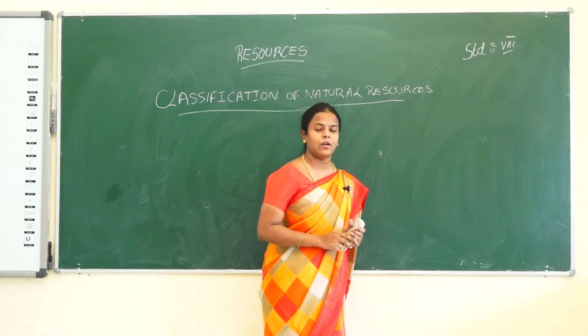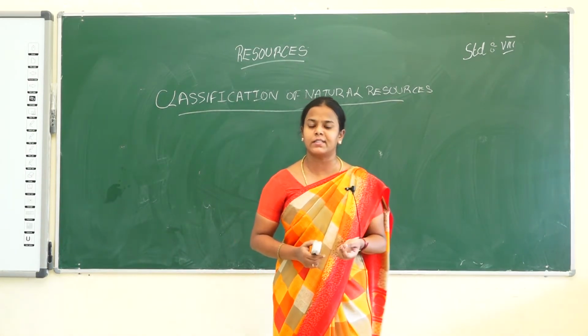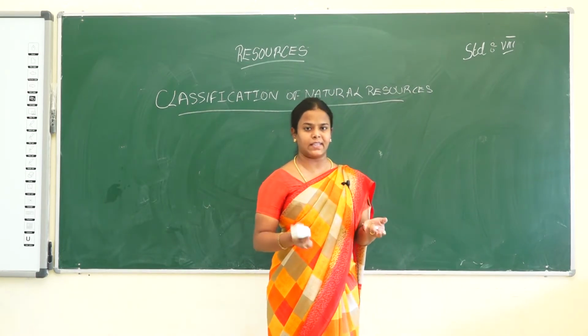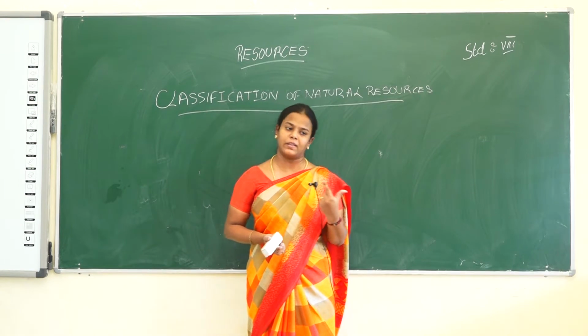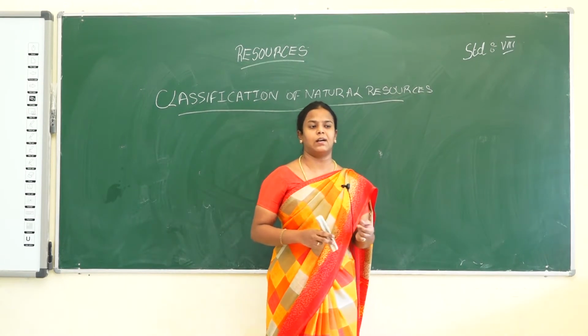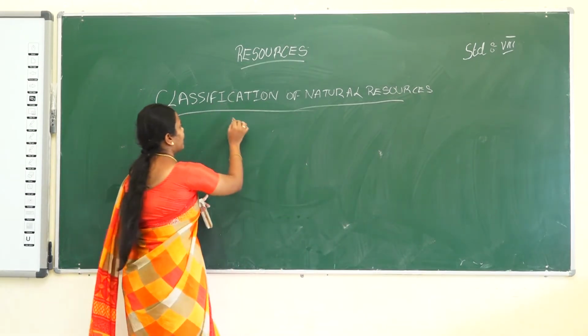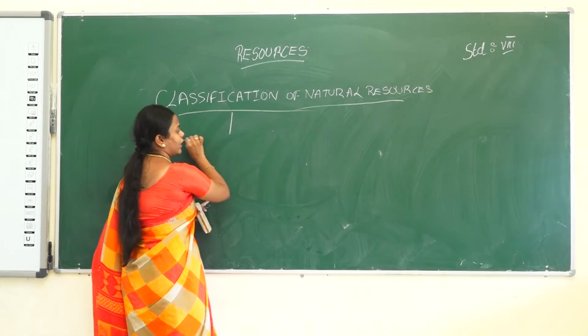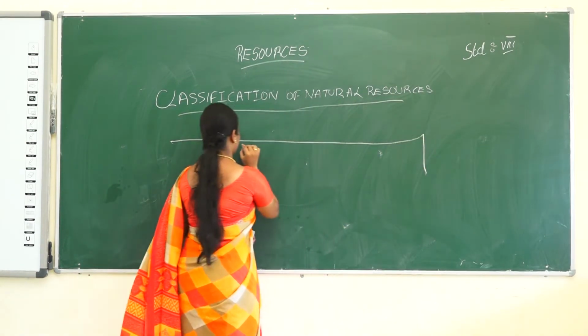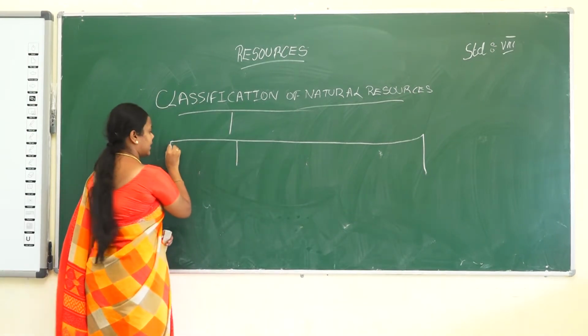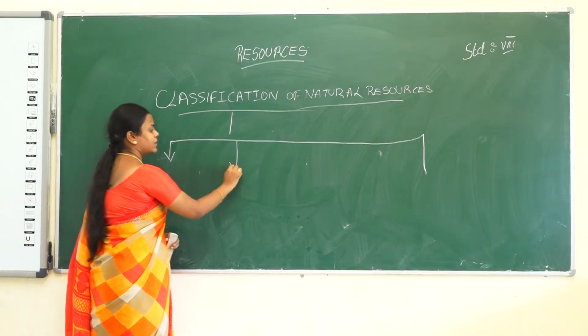Before going to that, what do you mean by natural resources? Natural resources are those that occur naturally without the help of humans. Now we are going to see the classification of resources. It has been divided into three types.